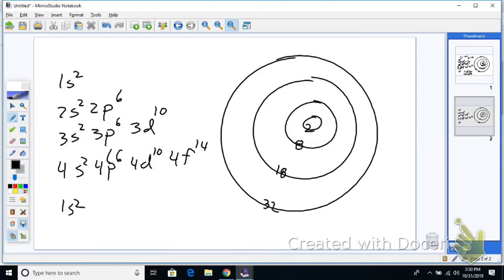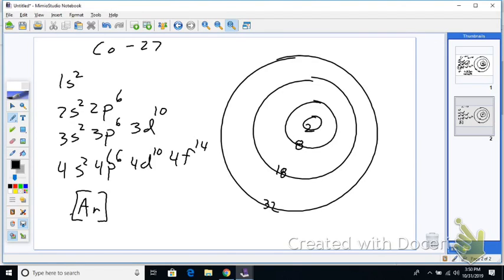Let's go ahead and do cobalt. Cobalt is number 27. I'm going to do the shorthand, and we're still going to use argon as our starting point. We call it the noble gas configuration. We start with argon. That's just a different starting point.